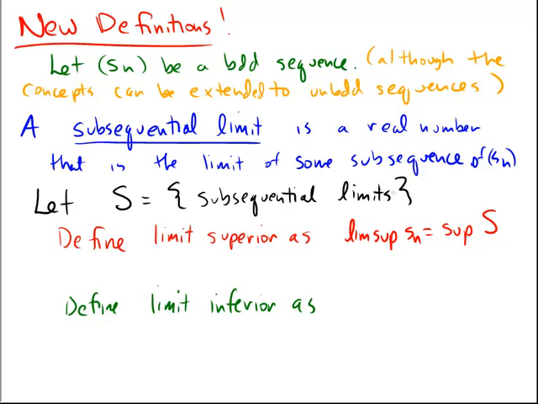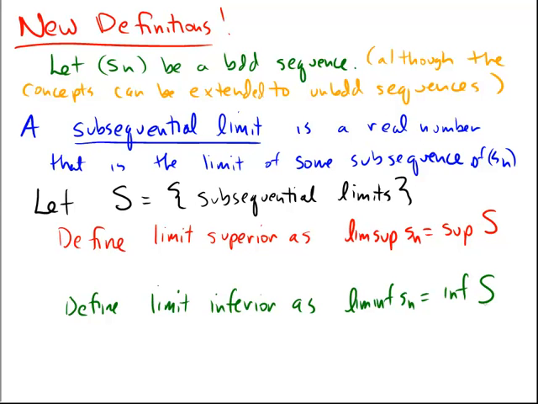But remember, supremum, in case we get some kind of weird case where we have a non-maximum, something that's not inside of the set. And then, on the other hand, we'll define the limit inferior as the lim inf of Sn, and that will be the infimum of S.